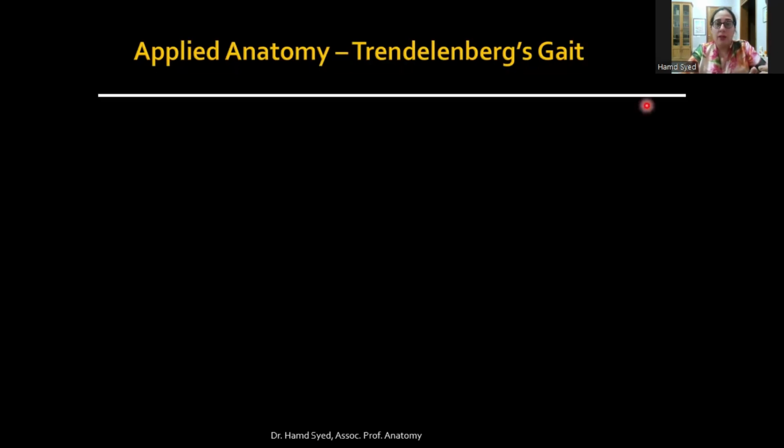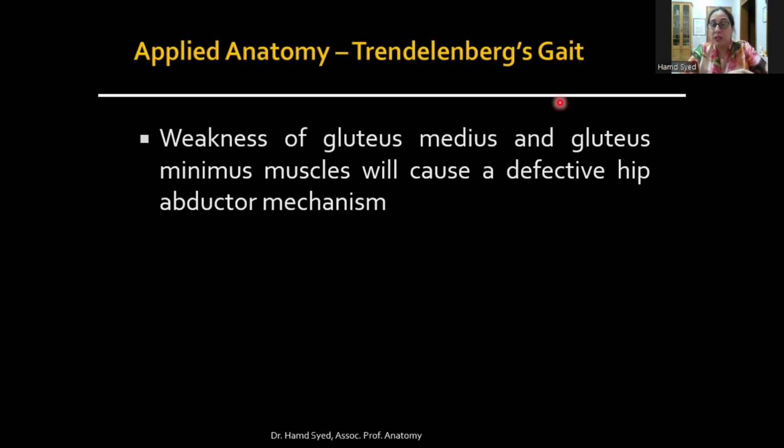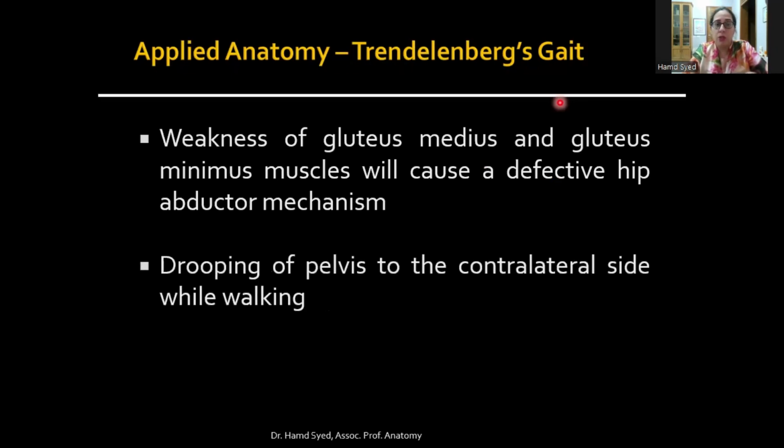This is a clinical condition which results due to the paresis, that is the weakening or the paralysis of the muscles which are gluteus medius and minimus. And their weakness will cause a defective hip abductor mechanism leading to a particular gait which is known as Trendelenburg's gait, in which there is a drooping or sagging of the pelvis to the contralateral side while walking.